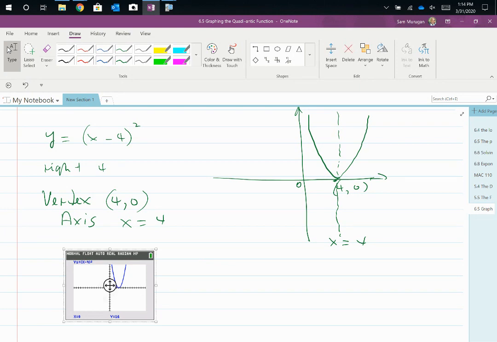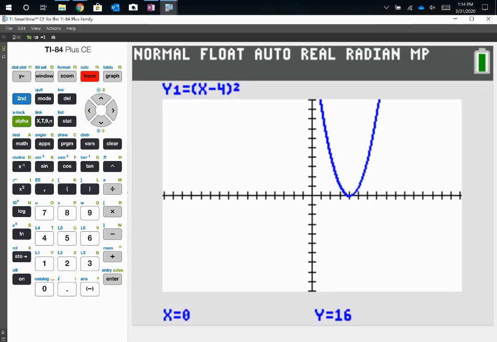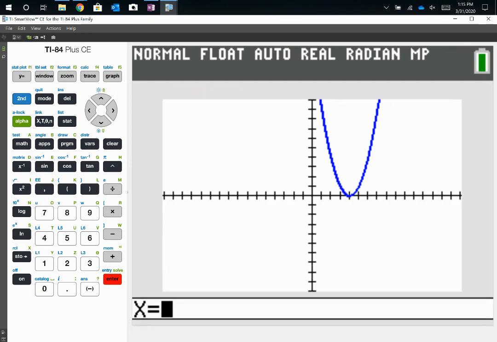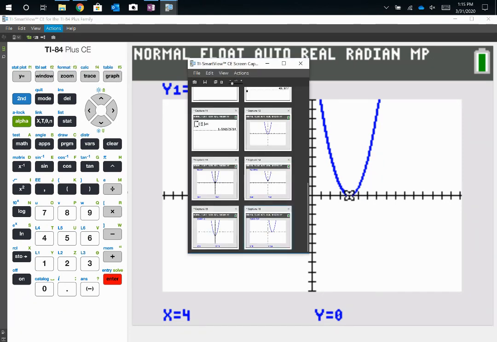One second here. I just wanted it to point out the vertex so I have a better picture.